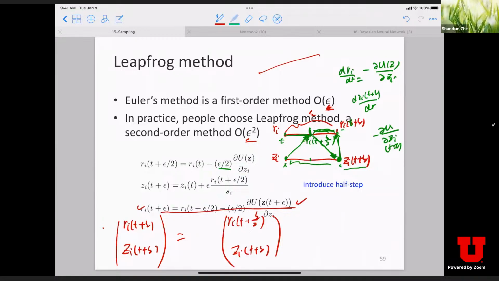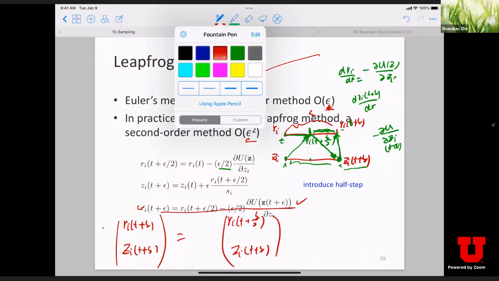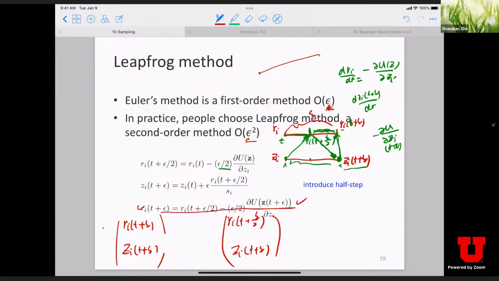If you look at their transformation, this is 1, this is 1, this is 0, because if you want to get z_i t plus epsilon here, this is already z_i t plus epsilon. And this one is just minus half epsilon times something. So you can see that this is a triangular matrix, so this determinant is 1.